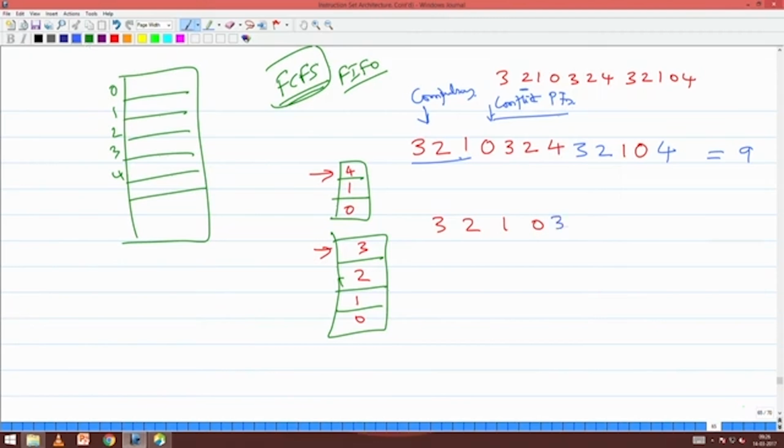Then the next 3 and 2 are all page hits because 3 and 2 are here. The next is 4. So what will happen to 4? 4 will get loaded here.